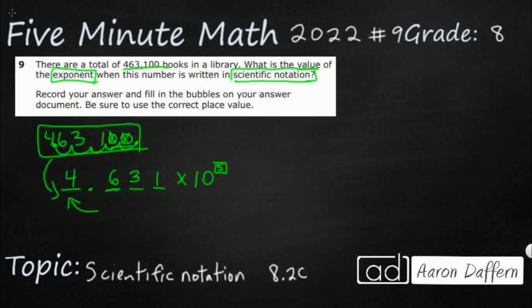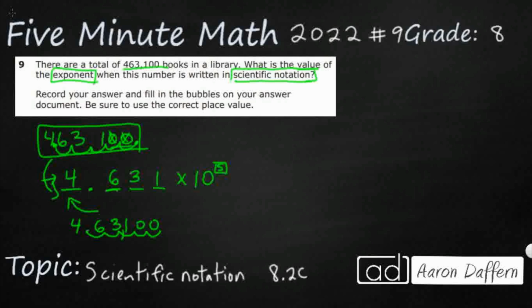And that's how you work scientific notation. So if I wanted to go from this form to the original form, I would multiply by 10 to the 5th, so I'm going to move it 1, 2, 3, 4, 5, with 2 blanks, 2 zeros. There's my original number.